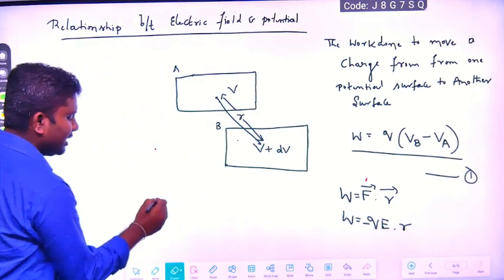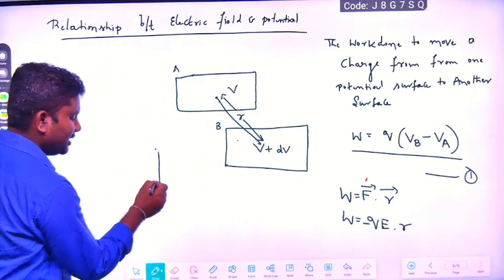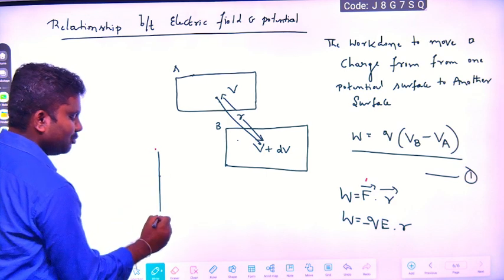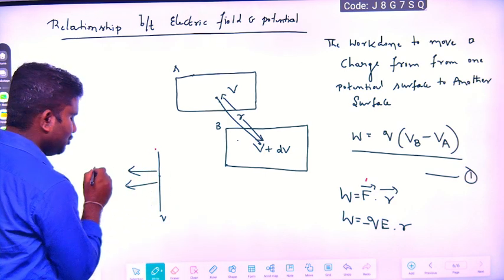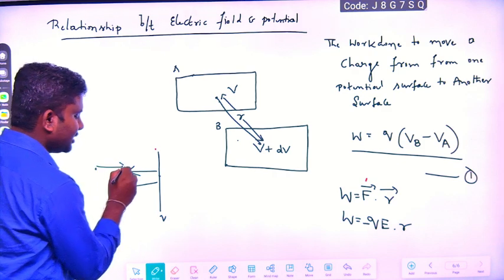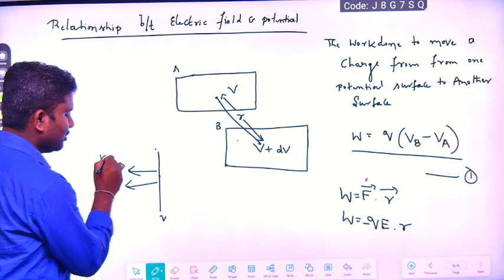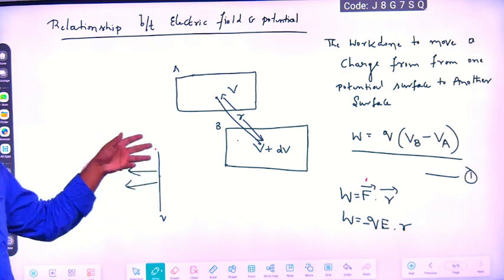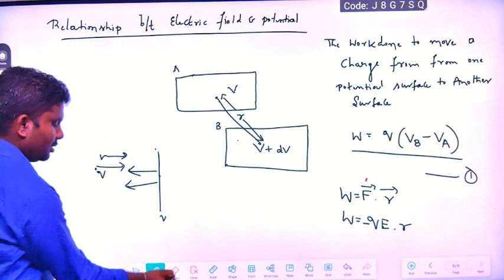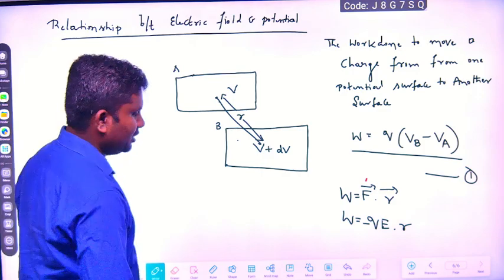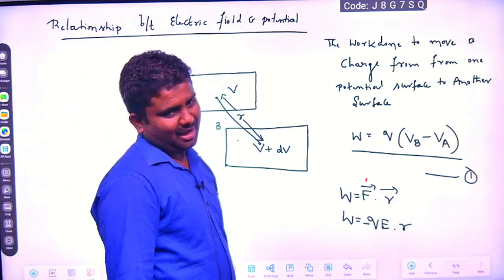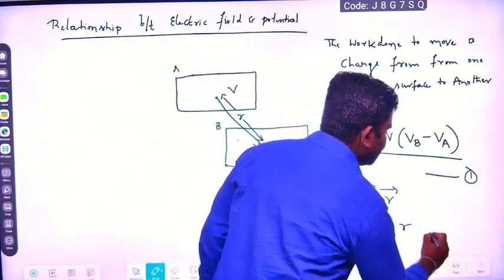This plate has some potential, so electric field lines will be moving like this, and you are moving a charge against the electric field with some velocity. Then you need to do the work. So W is equals to minus Q into E into R. This is equation number 2.